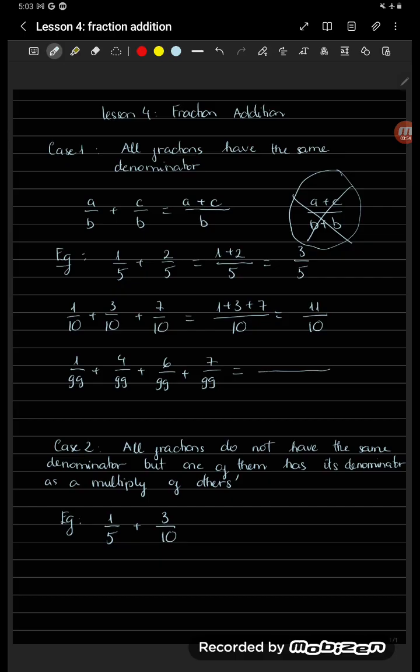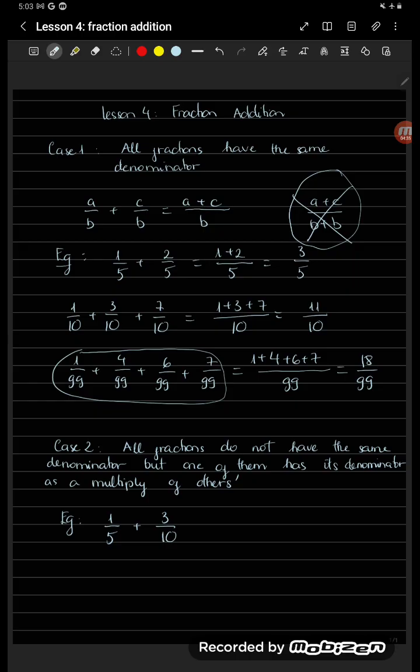So just keep one 99 at the bottom, and then we add the top parts together: 1 plus 4 plus 6 plus 7. The answer is 18 over 99. So the result must have the same denominator as the fractions here, and the top part is just the sum of all the numerators. 1 plus 4 plus 6 plus 7 equals 18. So that's case 1.